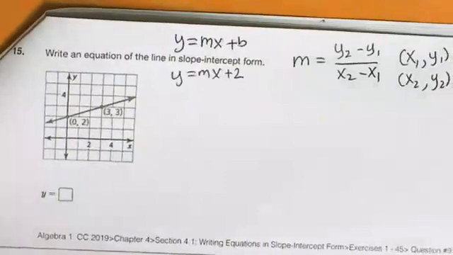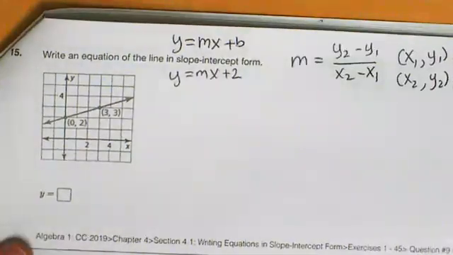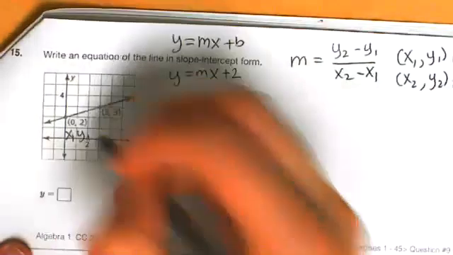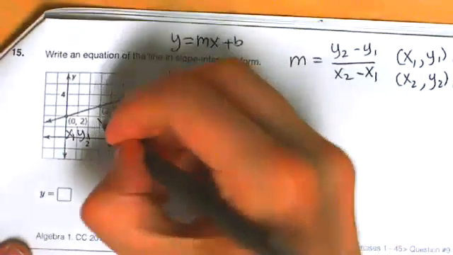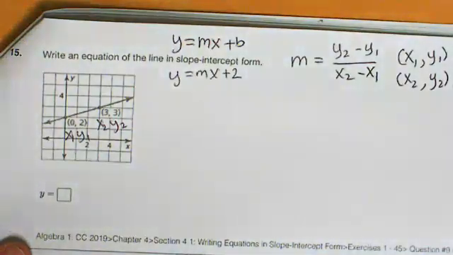So we need to assign our given points as x1, y1 and x2, y2. I'm going to make this one x1, y1, and our (3, 3) x2, y2. It doesn't matter which one is which. You'll ultimately end up with the same slope. You just might end up with negatives on top and bottom, or where the negative sign appears will change.